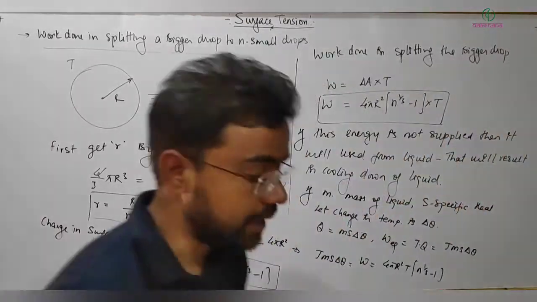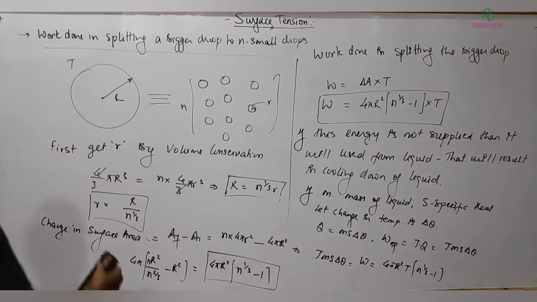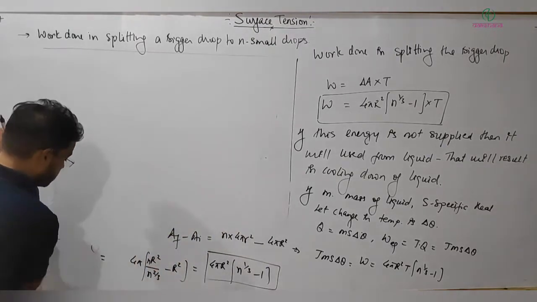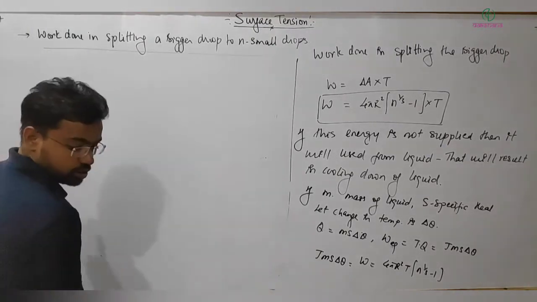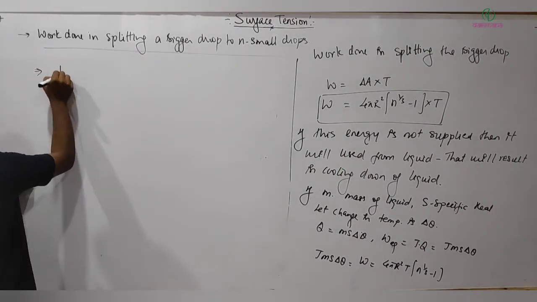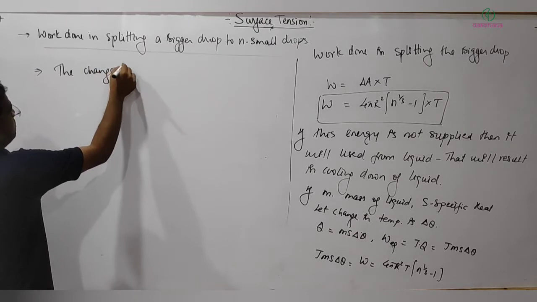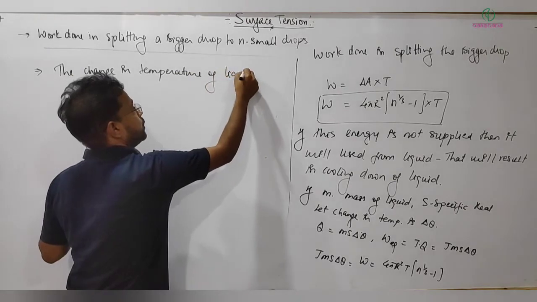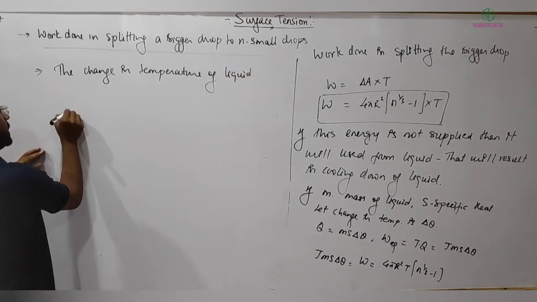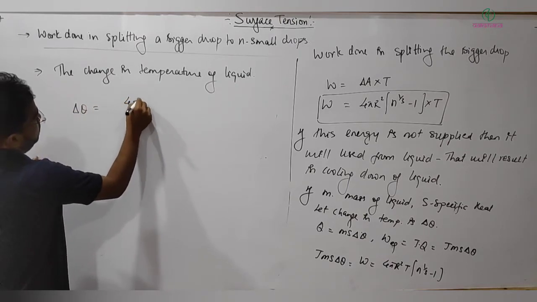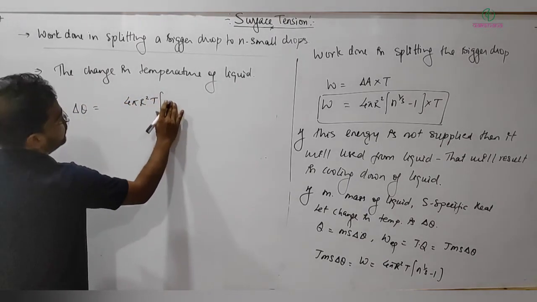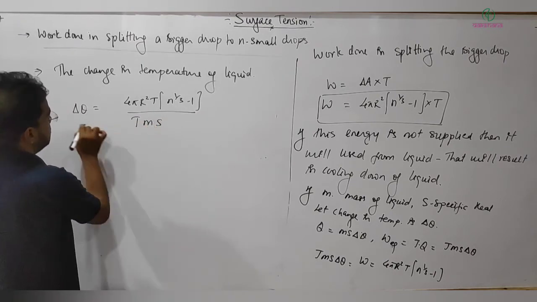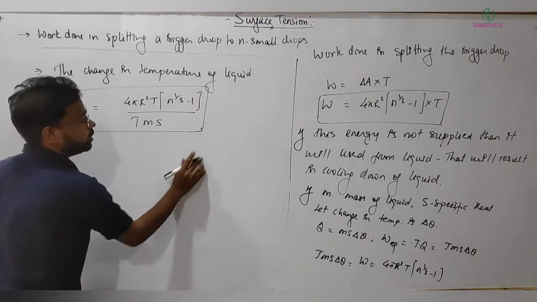Just rearranging it, I can get the expression for the drop in temperature of the liquid on splitting a bigger drop into n smaller drops. So the change in temperature of the liquid can be written as delta theta is equal to 4 pi r square into T n power 1 by 3 minus 1 divided by J m S. This is the drop or change in temperature.